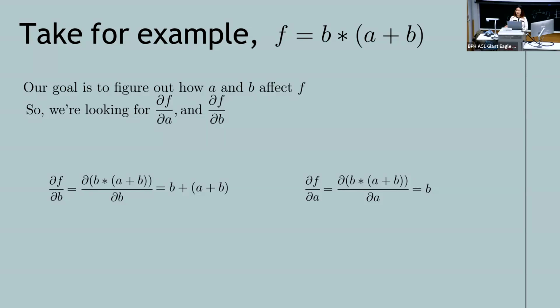We all know the answer here: the gradient of f with regards to a is b, because there is only a here. And the gradient of f with regards to b is (a plus b) plus b, that is a plus 2b. And how is it calculated?